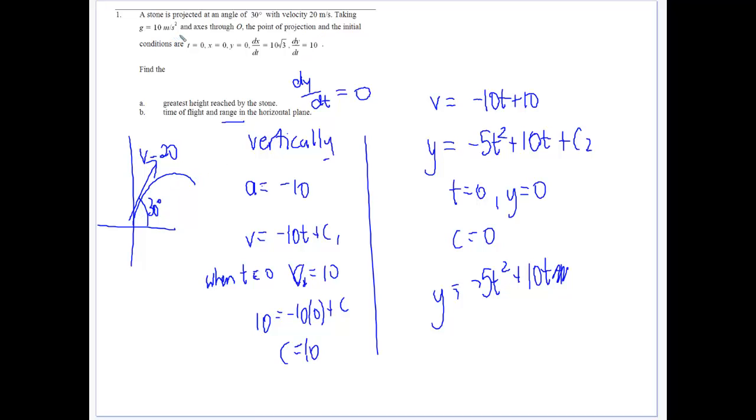Taking gravity as 10 meters per second squared and the axes through the origin, the point of projection, the initial conditions are these. So when t is equal to 0, it starts at the origin. So that's why we're able to draw our diagram there. And our horizontal velocity would be 10 root 3, and our velocity vertically is 10.